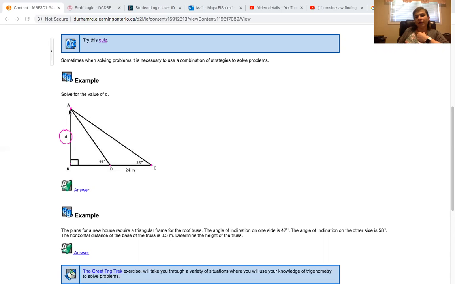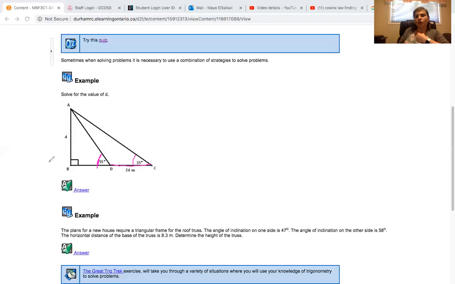Now, since I'm solving for side D, I can look at a few things. First of all, if I look at triangle ABD, the only thing that's given to me is angle 55 in that triangle. So that's not going to help me. Now, if I look at the bigger triangle, which is ABC, I only know part of a side, which is side DC, and I know 35.